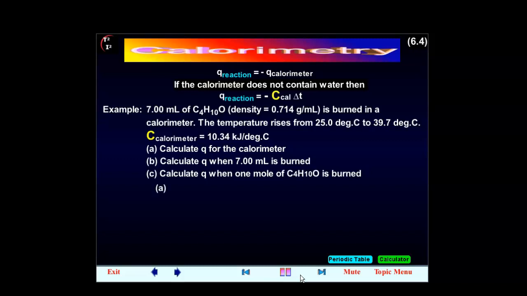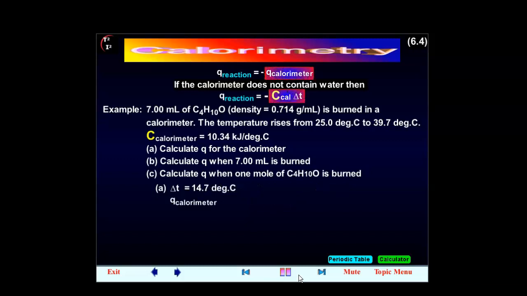A. Calculate Q for the calorimeter. Delta T equals T final minus T initial equals 39.7 degrees Celsius minus 25.0 degrees Celsius equals 14.7 degrees Celsius.